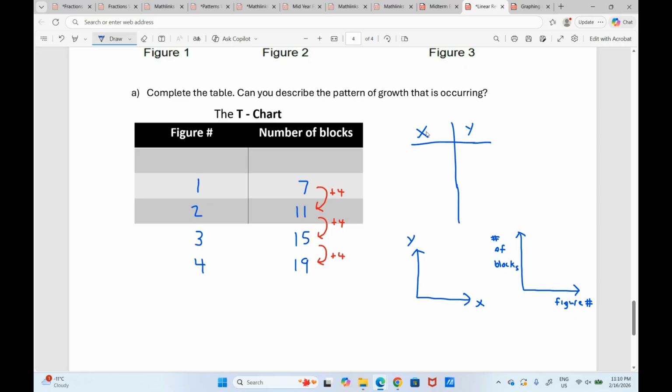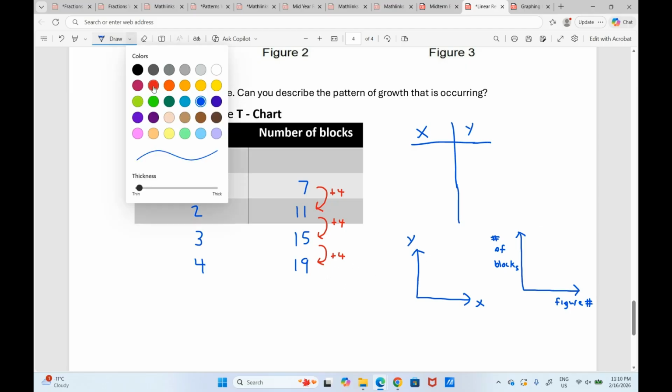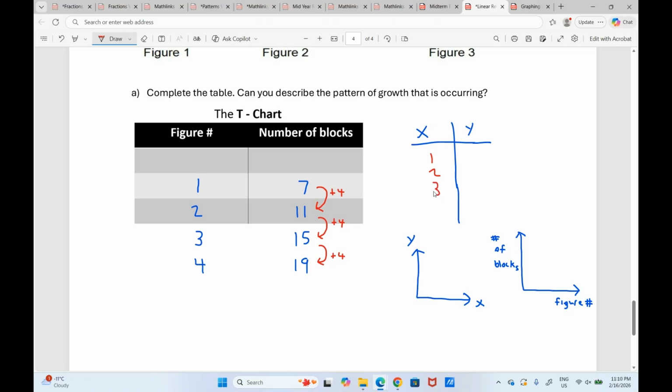So again, X would represent the horizontal, and Y would represent the vertical here. Okay, so alternatively, I could also write this as 1, 2, 3, 4 for the figure number, and then 7, 11, 15, and 19 for the number of blocks.